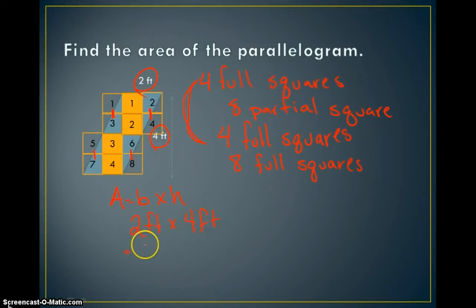Now I take base times height, 2 times 4 is equal to 8. And for my final unit, I've multiplied the foot and the foot, so that is a foot squared. So 8 feet squared is my final answer. And you can see here that the 8 here matches well with the 8 here. That just says that we had a good estimate using our square method.